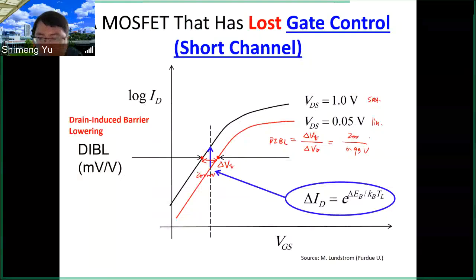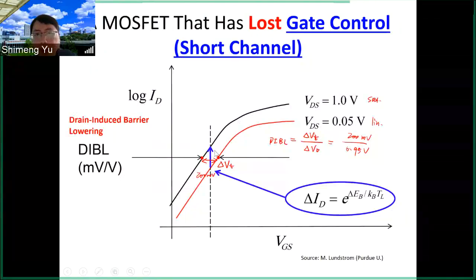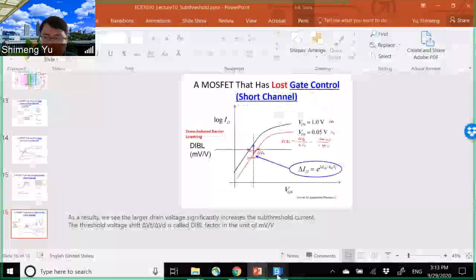So you have this Dibble factor of 200 millivolts divided by 0.95 volts. So this is not a good device. But this is what we have to deal with today with the short channel transistor, because the gate loses control and the drain can affect the source-to-channel barrier height. So the leakage current will be increased with larger drain voltage. All right, any questions?